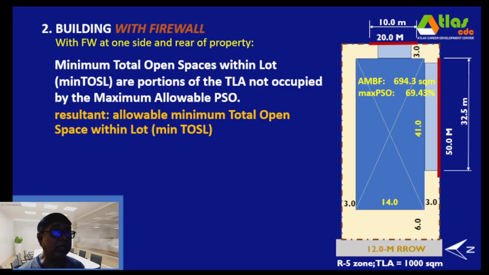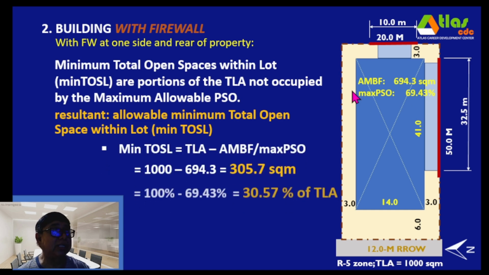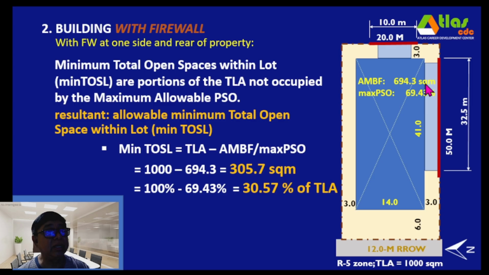So that will be, again, the resultant minimum TOSL. So we only have to deduct this most stringent of 694.3 square meters or 69.43%. So that will give you now a minimum TOSL resultant of 305.7 square meters or 30.57% of the total lot area.